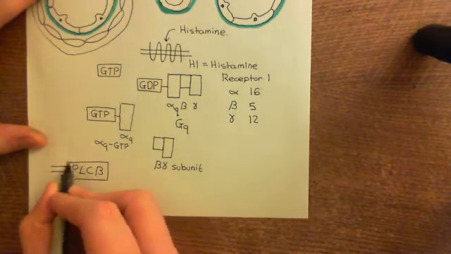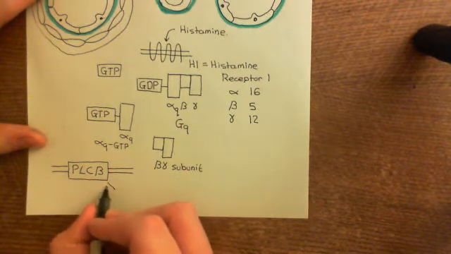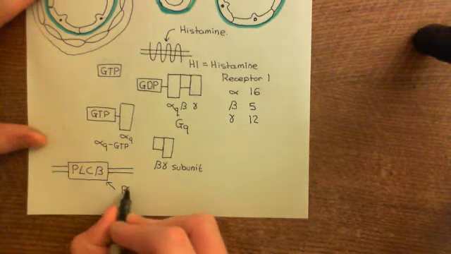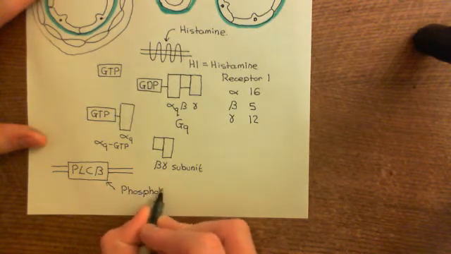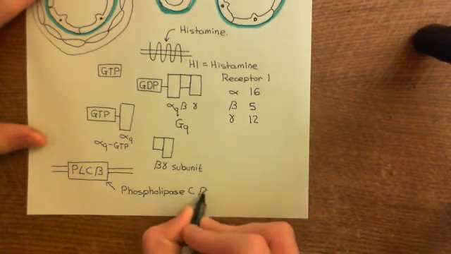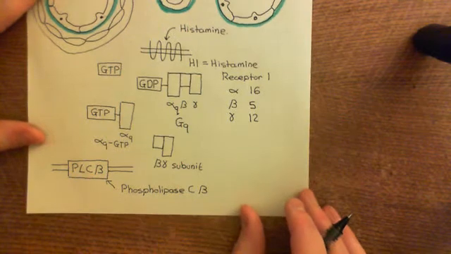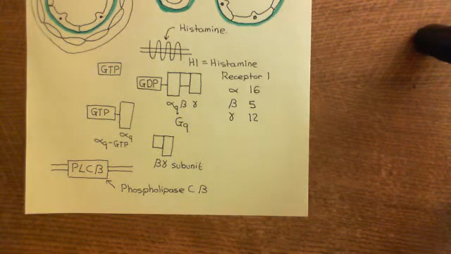So here is this enzyme which is sitting within the phospholipid bilayer. There are many different phospholipase C enzymes. This is phospholipase C beta that we are specifically activating from this alpha Q GTP subunit.